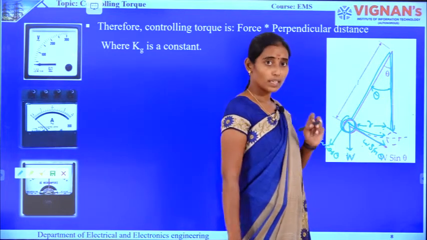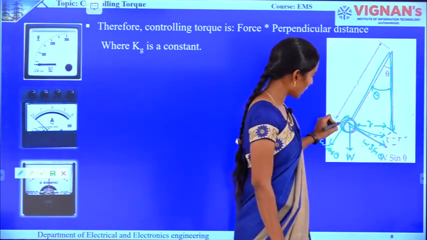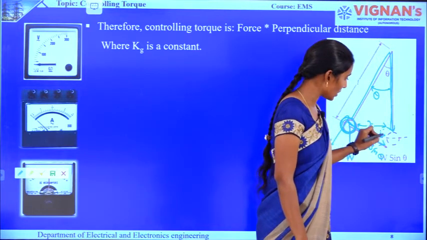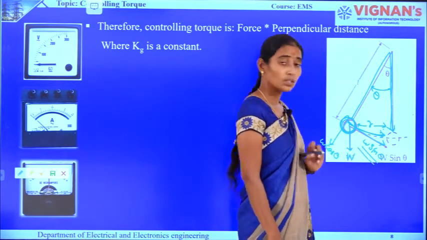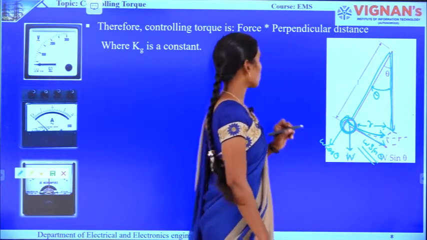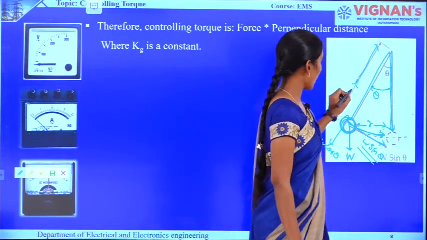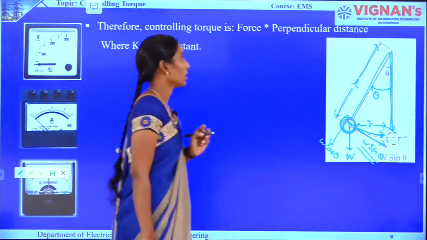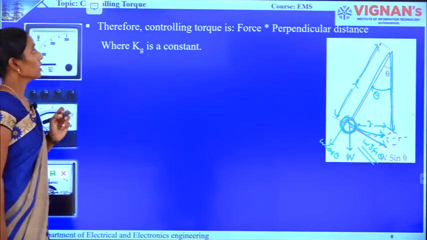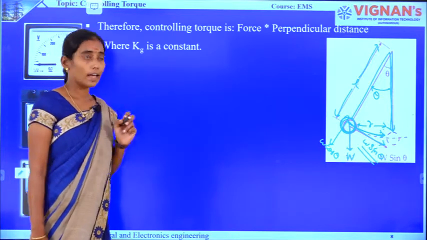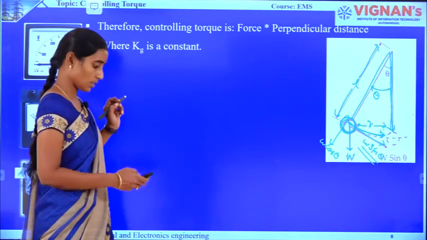So the force which is acting in order to bring the control arm back to its initial position is W sin theta. We are assuming the length of the control arm as L. The control torque is given as force into perpendicular distance.